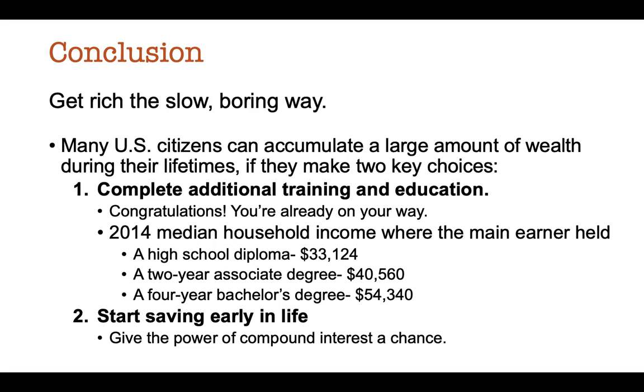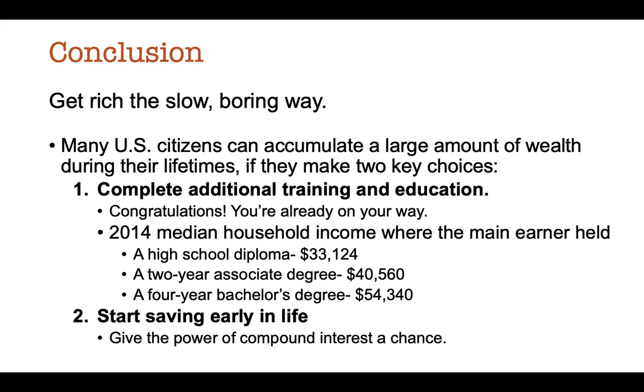So to combine these 2 ideas, let's look at a little example before we close. So here under the step 1, I have 2014 median household income where the main earner's highest level of education was a high school diploma, a 2-year degree, or a bachelor's degree. Let's look at the difference real quick between a high school diploma and a 2-year associate's degree, which is offered here at Valencia.